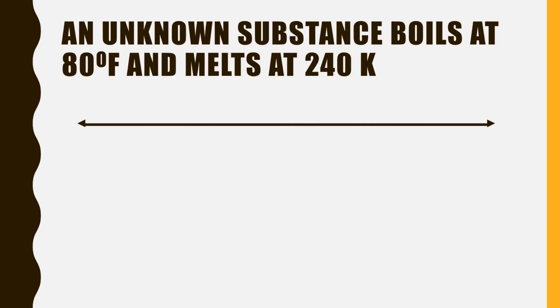So what I'm going to ask you is, let's just say an unknown substance boils at 80 degrees Fahrenheit. So I'm going to put solid, melting point, freezing point, liquid. Again, as you add more temperature, it turns from solids to liquids. First it melts, turns to liquids.